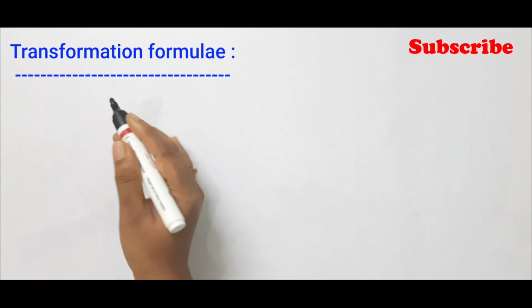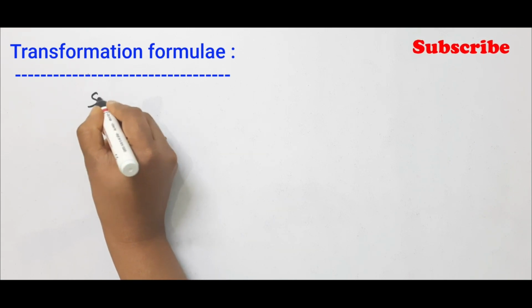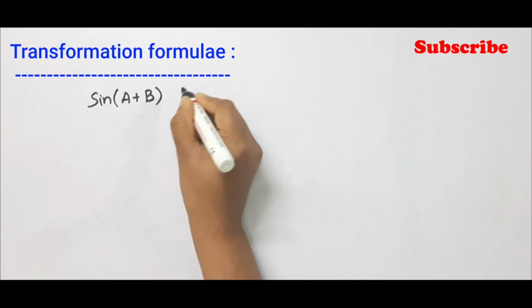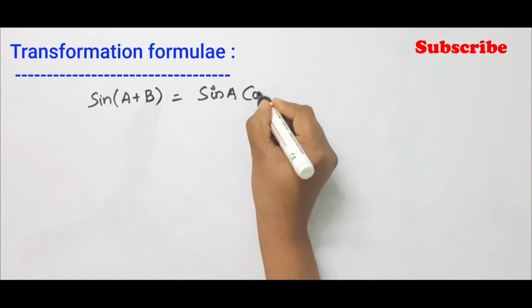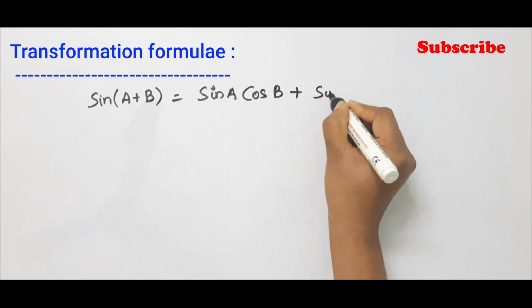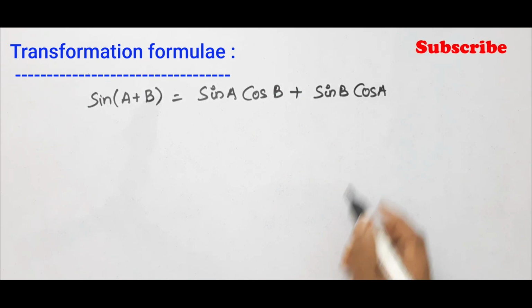In the previous video on trigonometric concepts, we learned that sin(a + b) is equal to sin a cos b + sin b cos a.